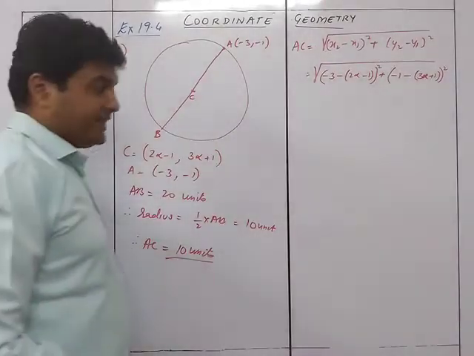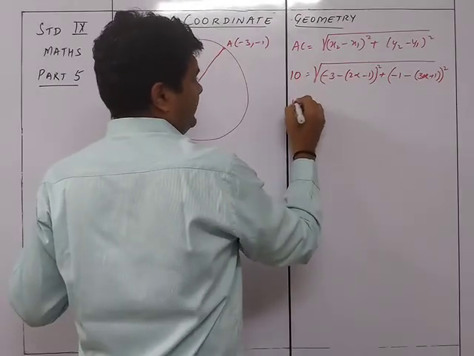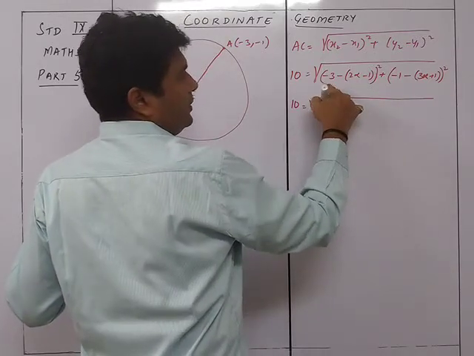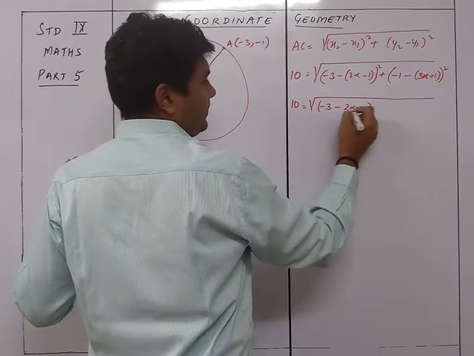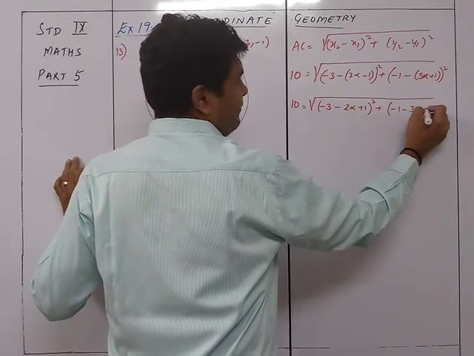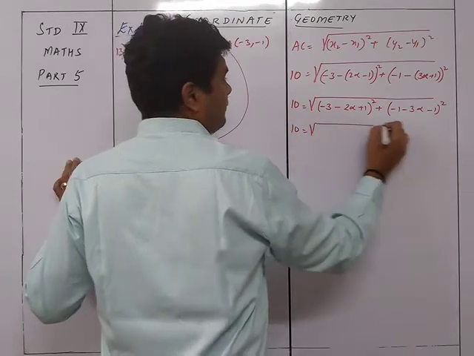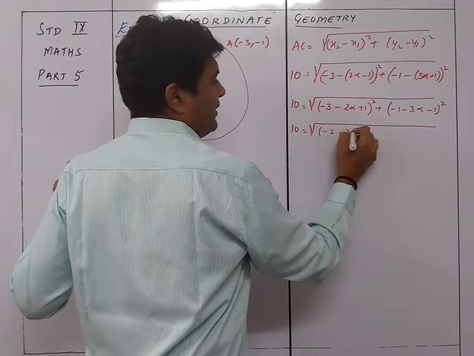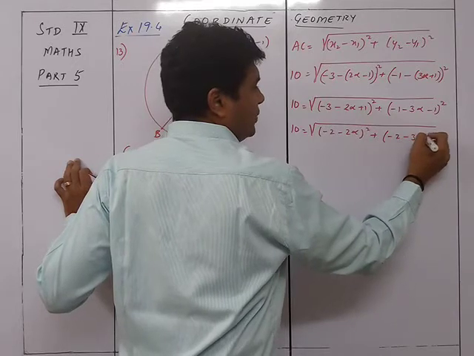So solving this, we know that AC is equal to 10. So 10 is equal to square root of, if I break the bracket, (minus 3 minus 2 alpha plus 1) the whole square plus (minus 1 minus 3 alpha minus 1) the whole square. So 10 is equal to square root of (minus 2 alpha) the whole square plus (minus 2 minus 3 alpha) the whole square.